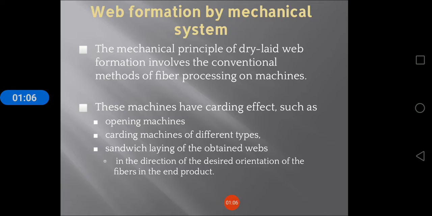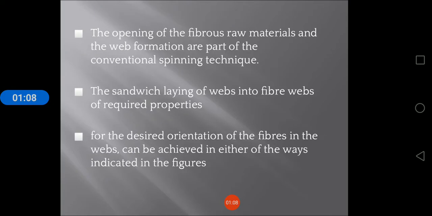In this type of mechanical system, the opening of fibers, raw materials, and web formation are part of the conventional spinning technique. The sandwich laying of webs into fiber webs of required properties for the desired orientation of the fibers in the webs can be achieved in either of the ways indicated in the figures.